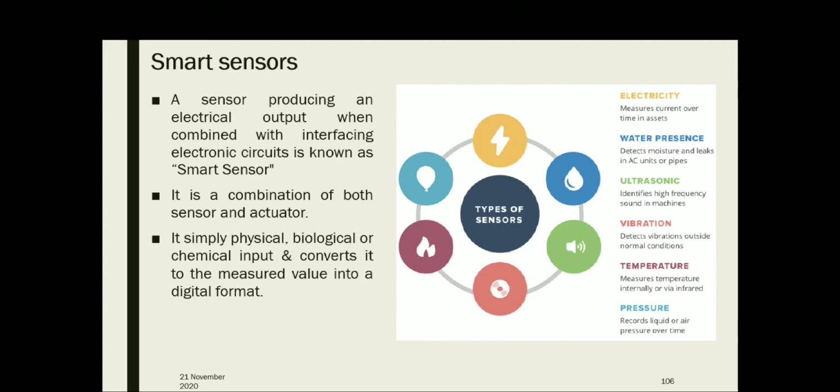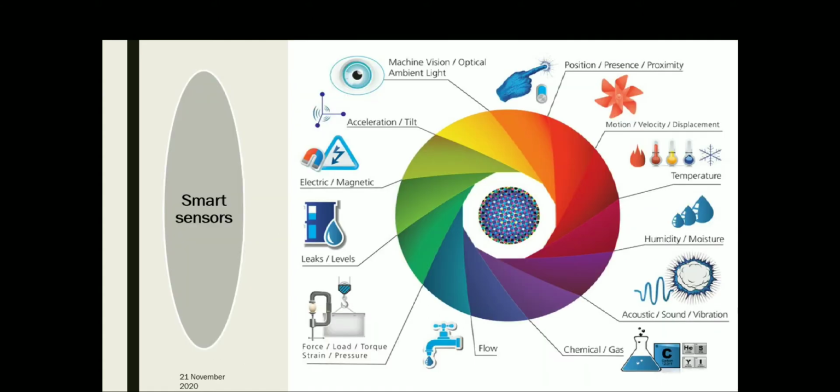So there are different types of sensors. The sensors which measure current over time in a particular asset, then water presence, which detects the moisture content in a particular unit, then ultrasonic sensors, vibration sensors, temperature sensors, etc. So this is a pictorial representation of various kinds of sensors: position sensors or presence or proximity sensors, motion sensors, velocity, displacement sensors, temperature sensors, humidity.